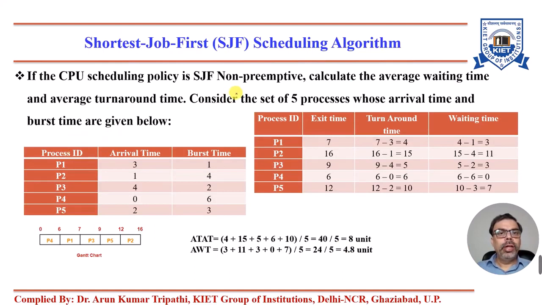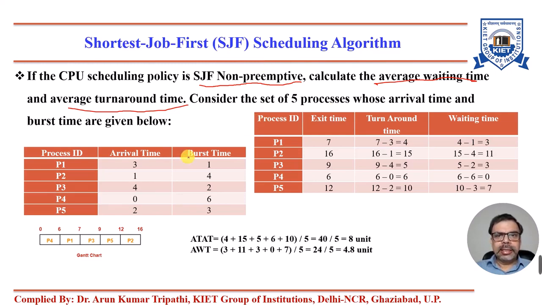Now we are considering an example of non-preemptive SJF. We have to calculate the average waiting time and average turnaround time for these processes. Since it is non-preemptive, the processor cannot be snatched from the currently executing process.